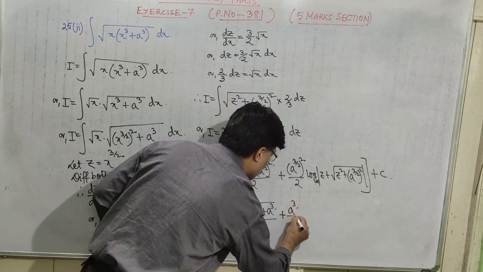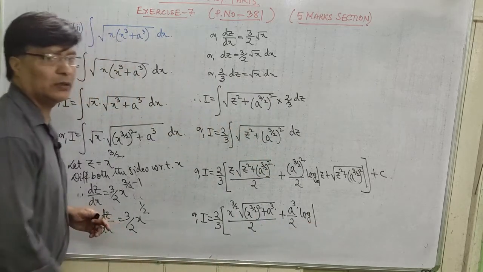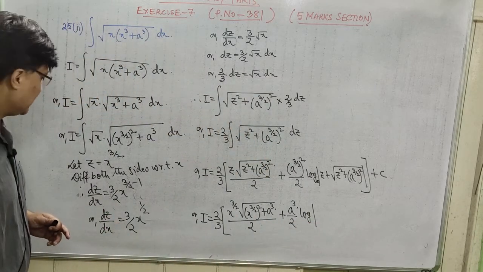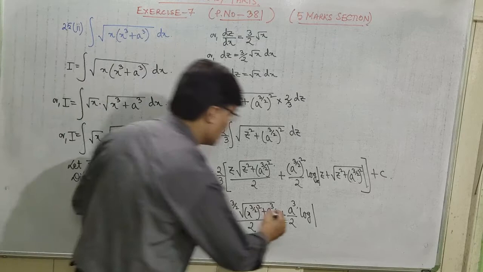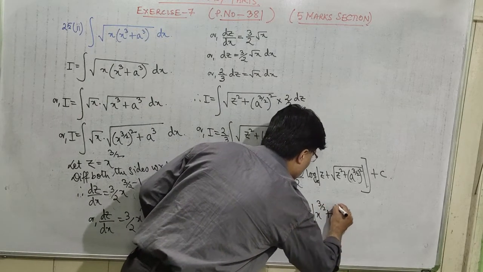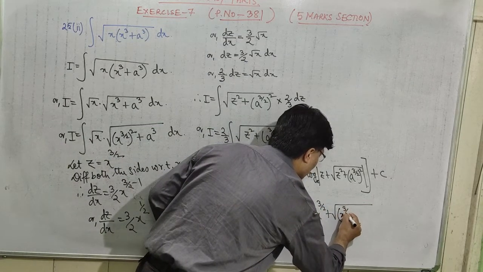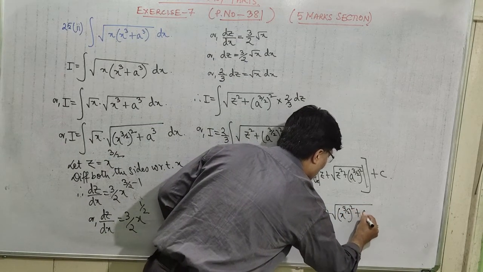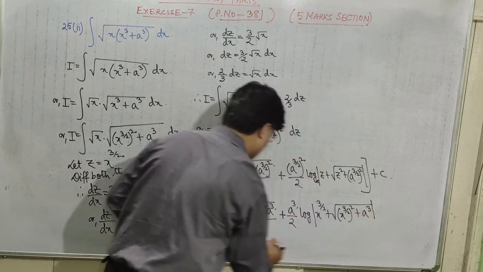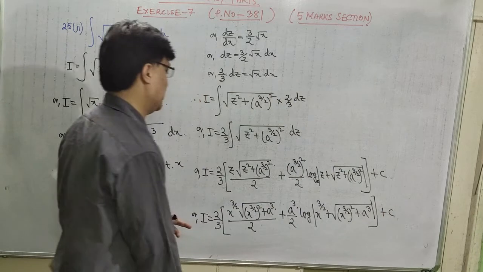That is your a cube divided by 2 log within mod. What is the value for z? X to the power 3 by 2, x to the power 3 by 2 plus root over what is z square? X to the power 3 by 2 whole square plus a cube, mod sign closed, third bracket closed, plus c.